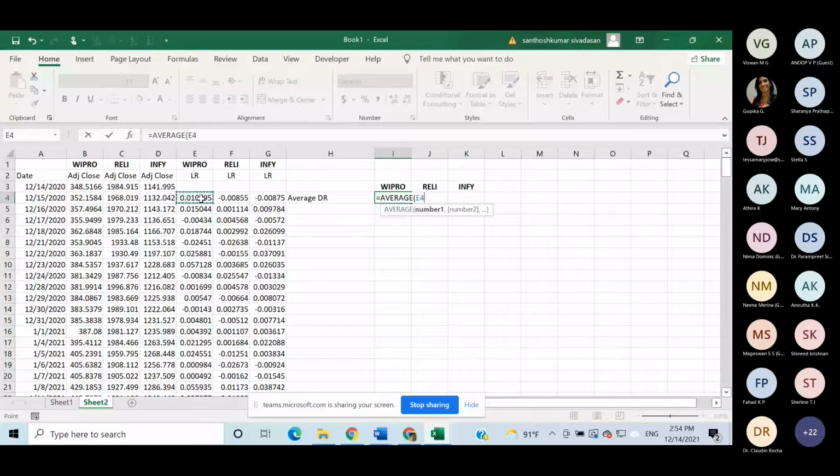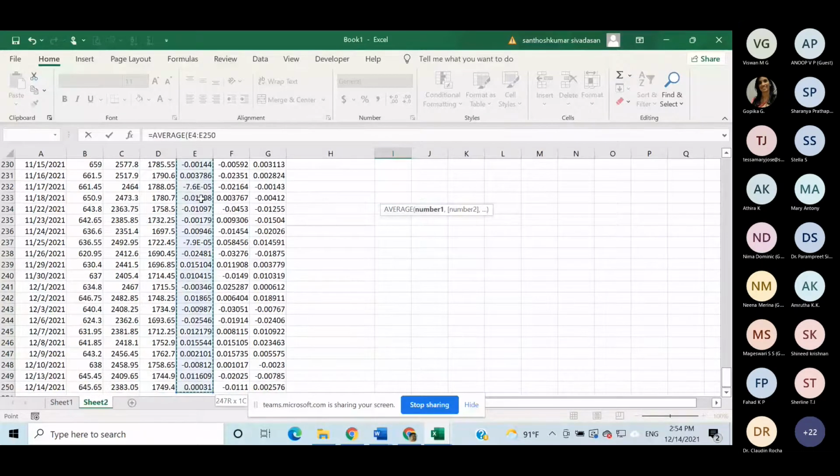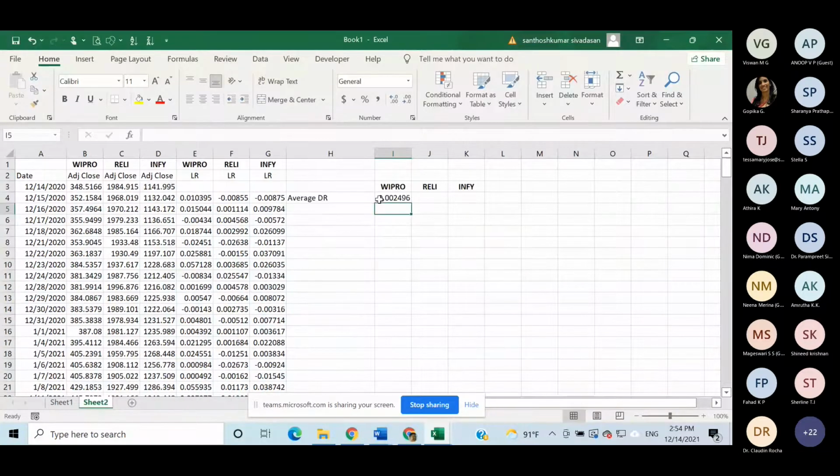You have to choose the data points, Control Shift down arrow, enter, which will give you the average daily return of Wipro. So just drag this, you will get the average daily return of Reliance and Infi as well.